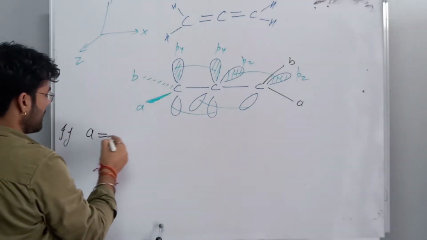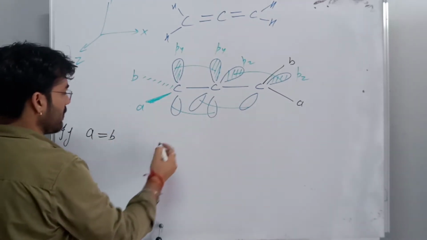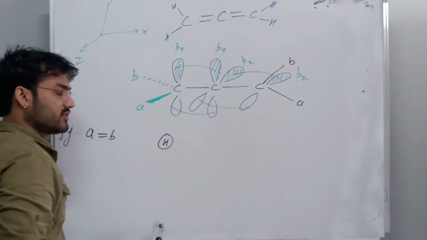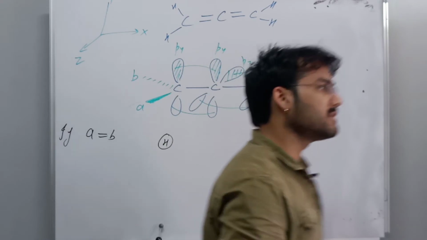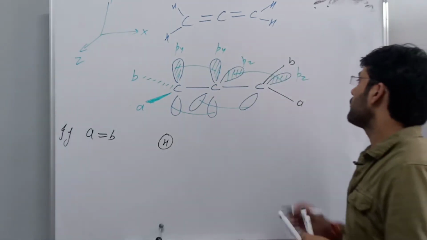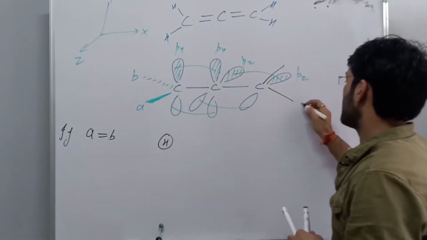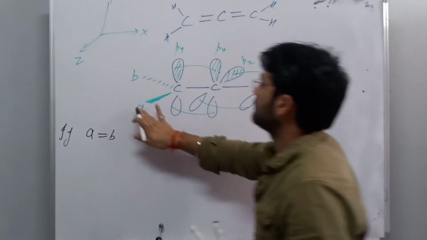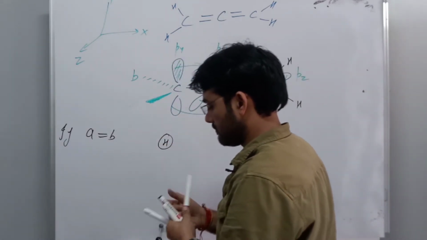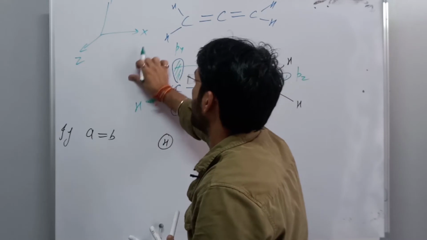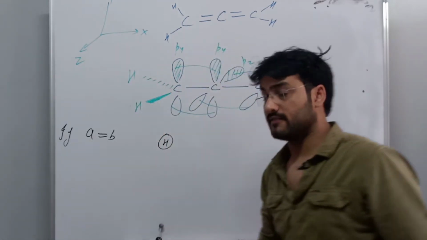If A is equal to B, if I take all of these as H, if I replace A and B with H, I want to show you how it becomes optically inactive.